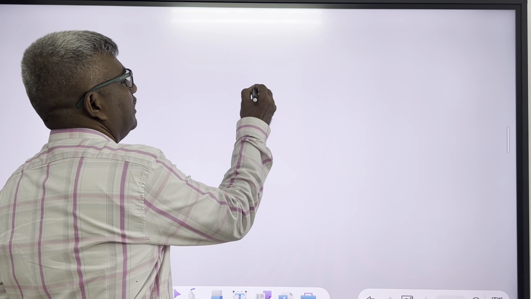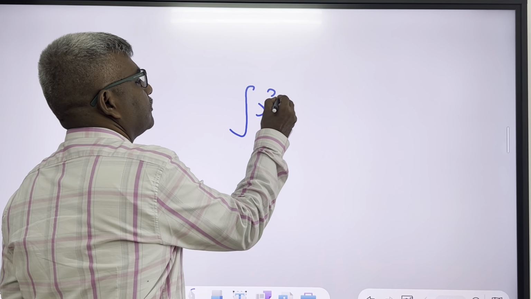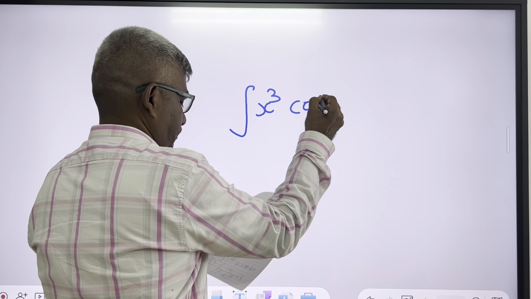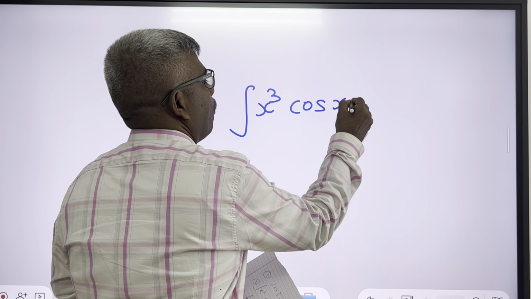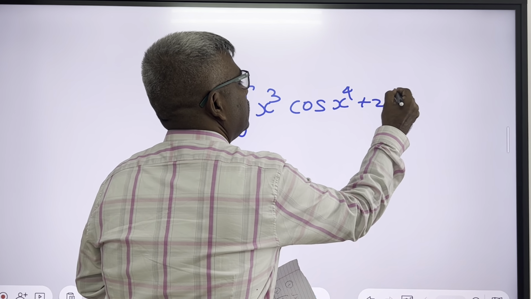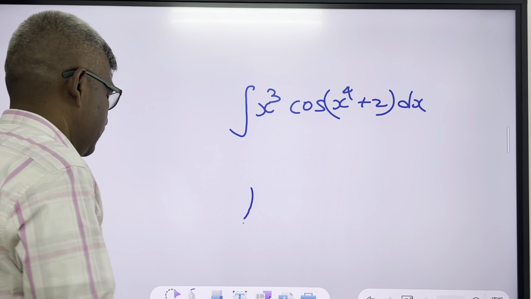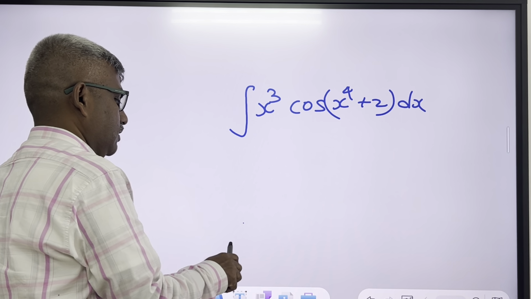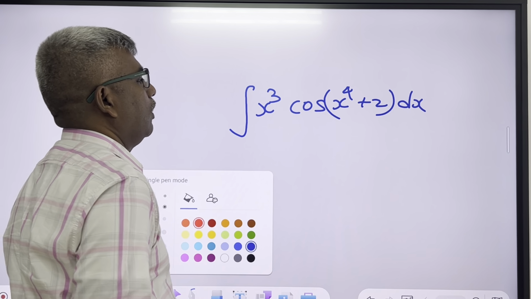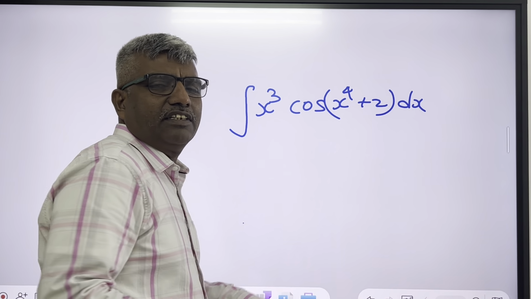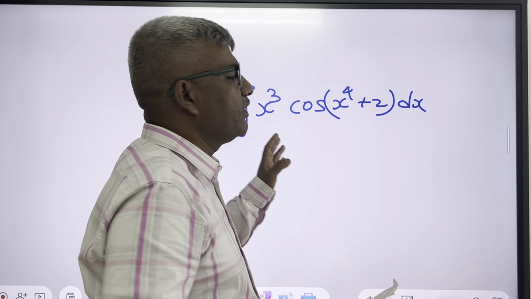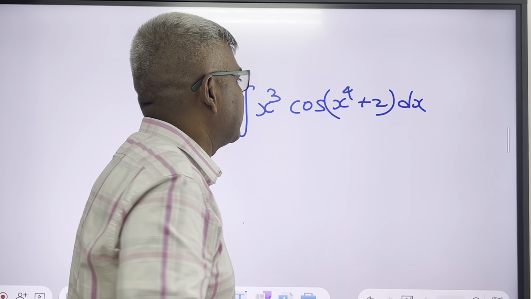Second question. Integration of x cube cos of x power 4 plus 2 dx. How to do it? You see it is two functions. One is algebra, another is trigonometry.